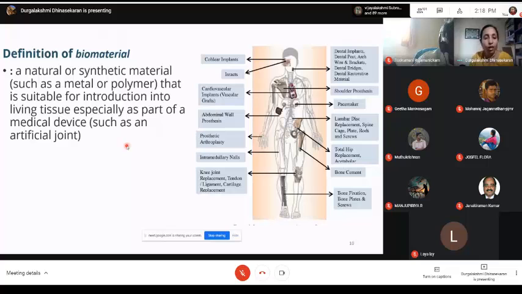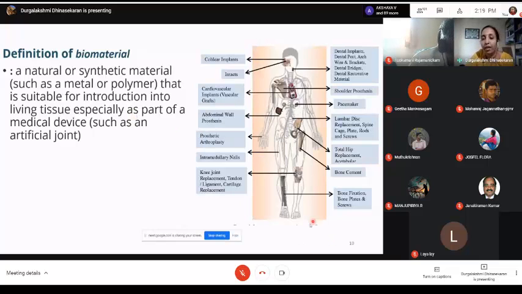Generally, the materials used for biomedical applications in our human system are called biomaterials. Biomaterials may be natural or synthetic. If you are using them in an in vivo condition, they need to be as biocompatible as possible and must not be rejected by our human system.